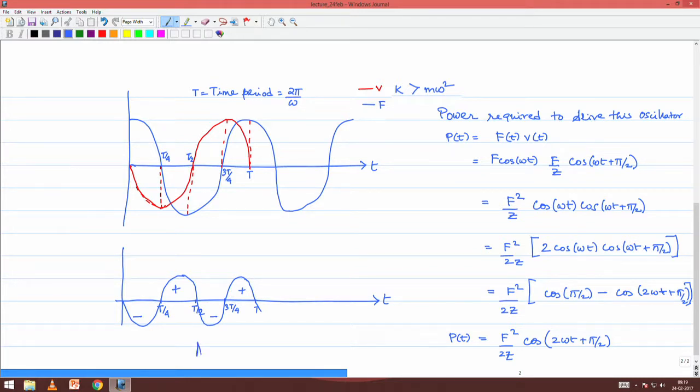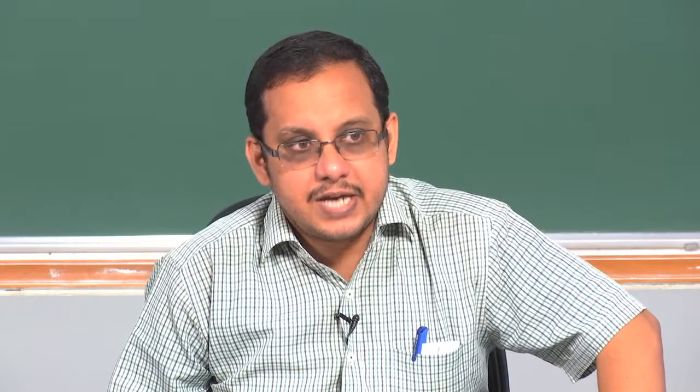So the average power equals 0, right, because it is sinusoidally oscillating at a frequency of 2 omega between its positive extreme and negative extreme, generating identical areas below the t axis and above the t axis. Therefore, in an average sense, if calculated within a large enough time zone, the entire area is going to be 0, right.